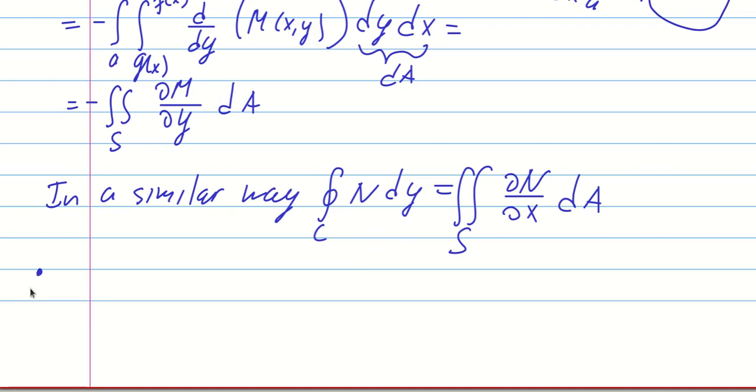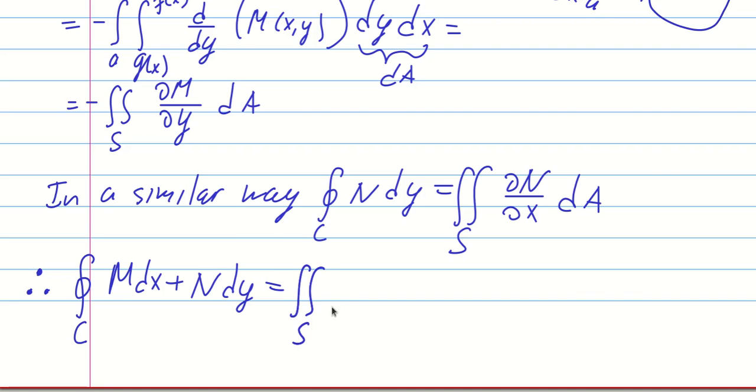And the conclusion is the integral over the closed path C of m dx plus n dy is equal to the integral of dn dx minus dm dy over dA.